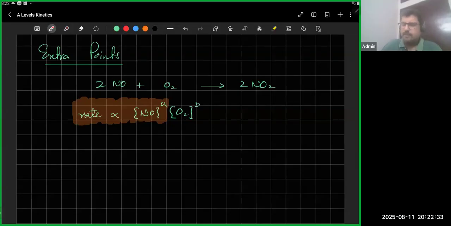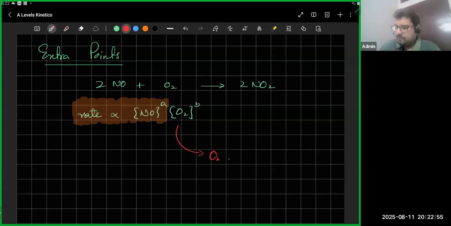The problem is that if O2's concentration changes, it will affect rate. So my whole relationship will get affected because I was trying to figure out how NO affects the rate, right? Now, in any experiment, as the reaction proceeds, O2 concentration will also decrease. It's going to get used up, right?